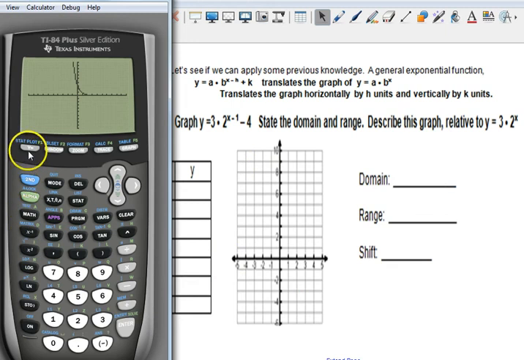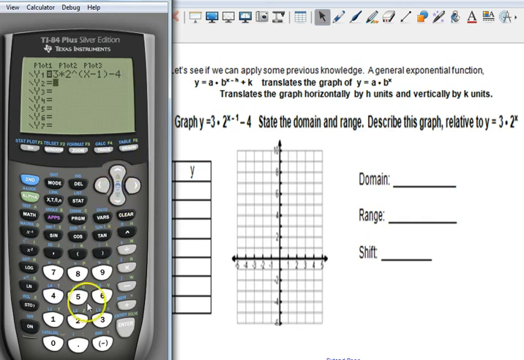For instance, 3 times 2 caret to get to the exponent. Make sure your exponent is in parentheses because it is more than one thing. So x minus 1, and then close the parenthesis to get out of the exponent, and then subtract 4.